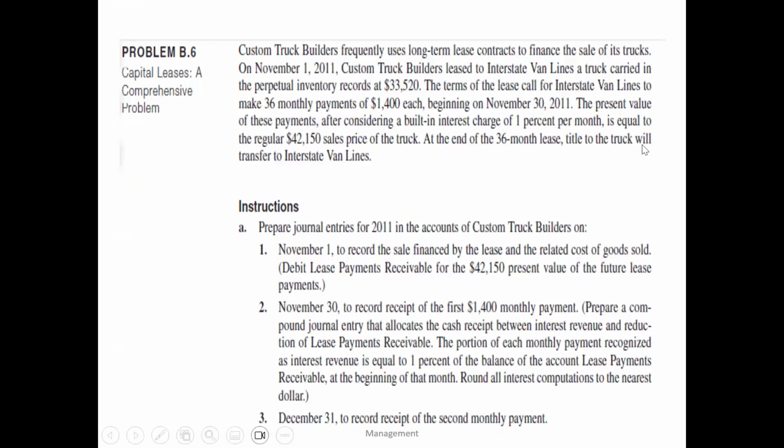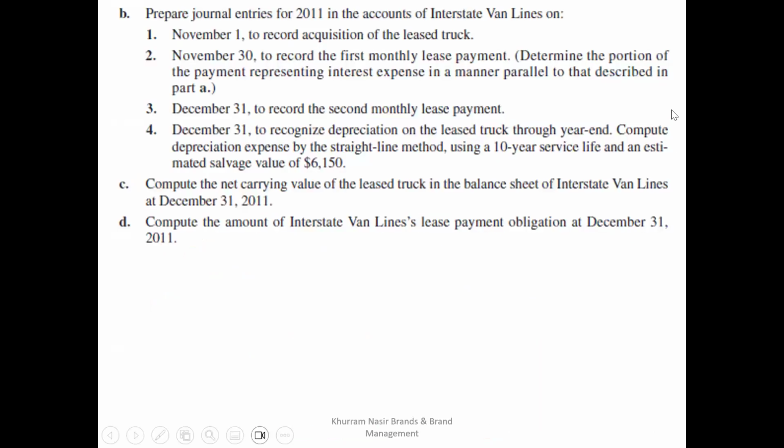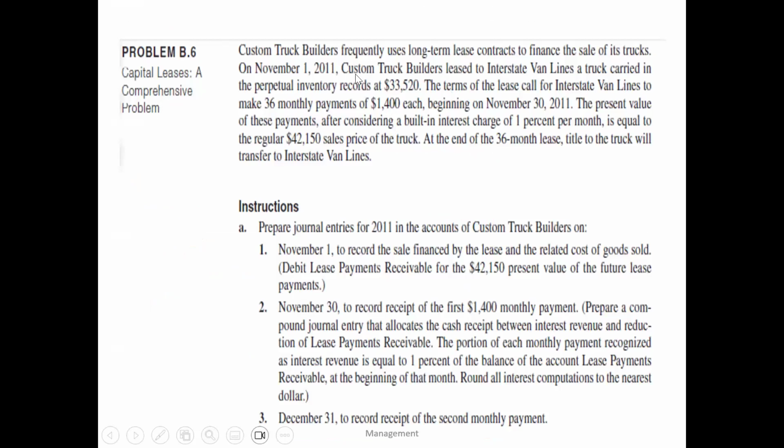So now continue with the same example. The example here talks about how Custom Truck Builder frequently uses long-term lease contracts to finance the sale of its trucks.